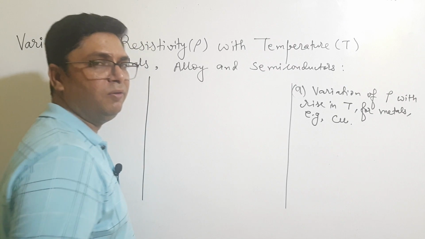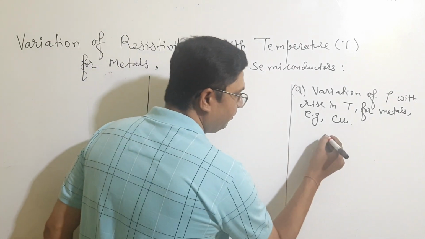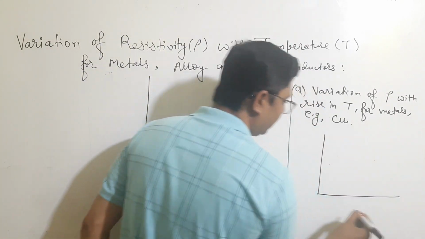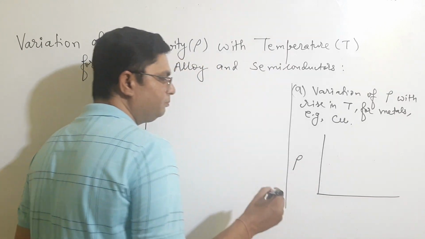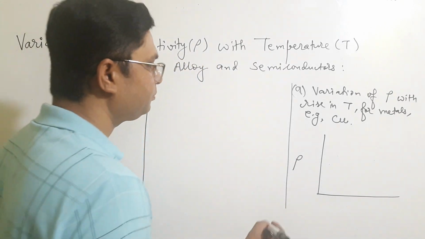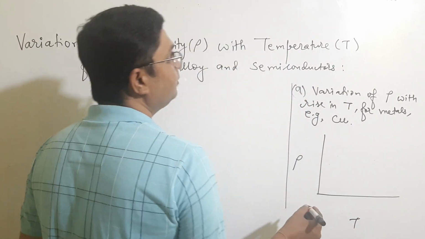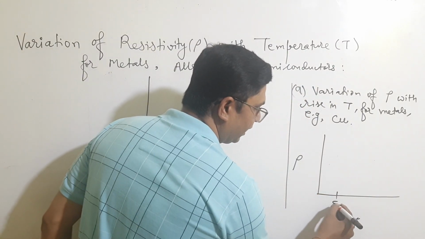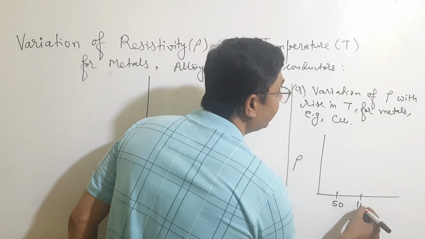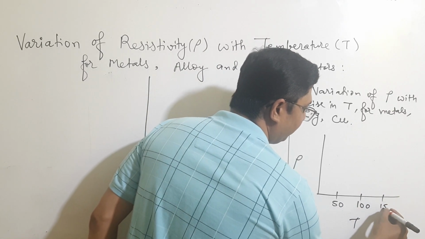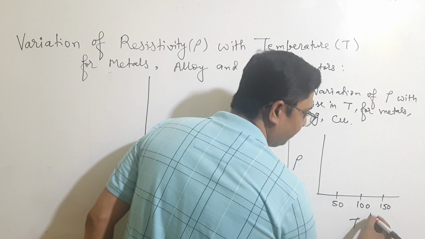Let us take the example of copper. For copper, here we are taking rho for resistivity, and here we are keeping temperature. Then this is 50 Kelvin, this is 100 Kelvin, this is 150 Kelvin.